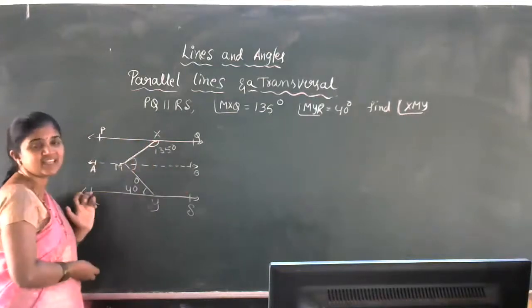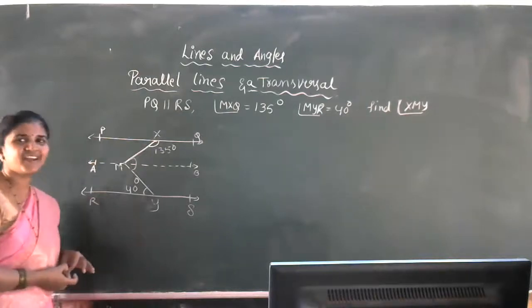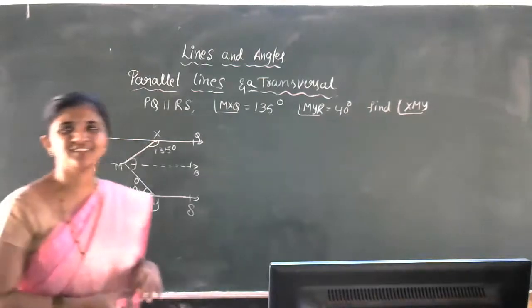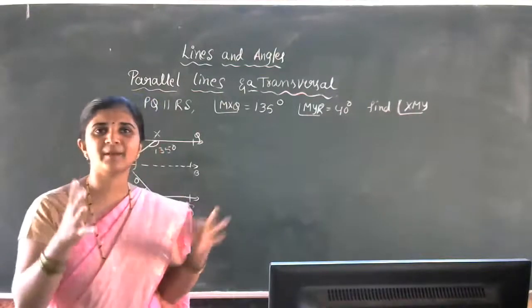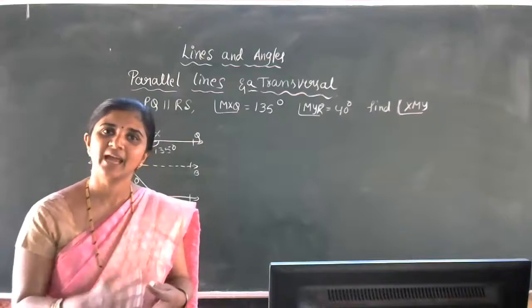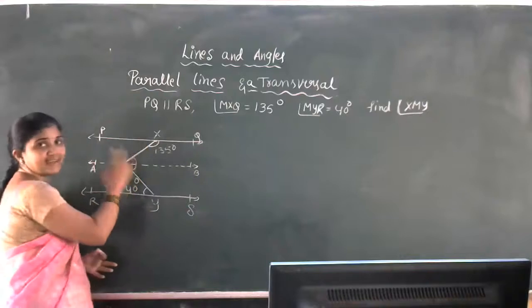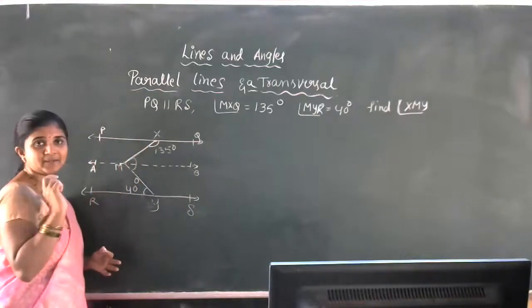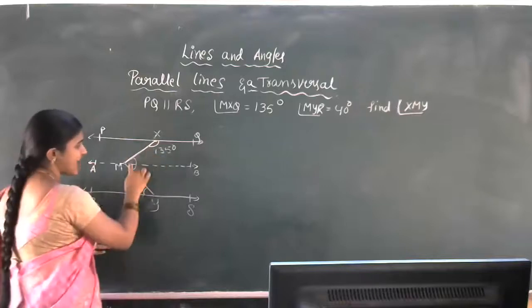Or you can use one more topic, interior angles on the same side of the transversal. That is a direct topic. So I think it is good to use interior angles on the same side of the transversal, because with linear pair and alternate angles you apply two topics. That is your wish. You can follow any method. But I think this is direct, students.